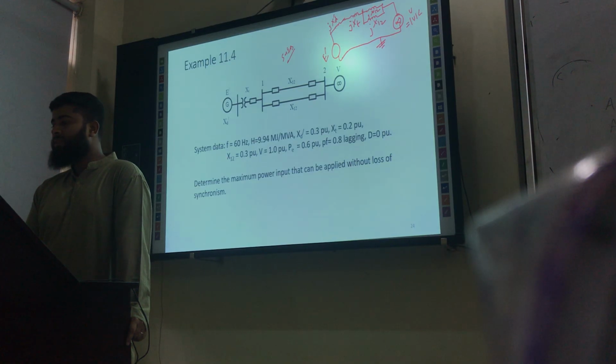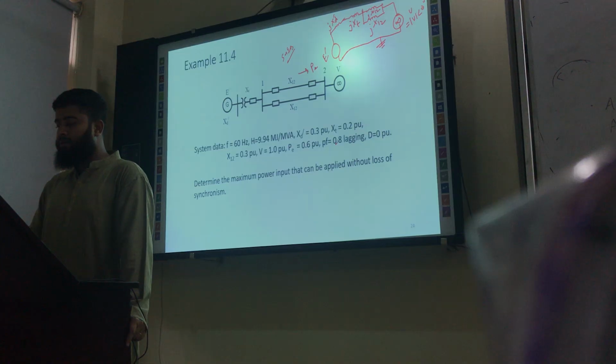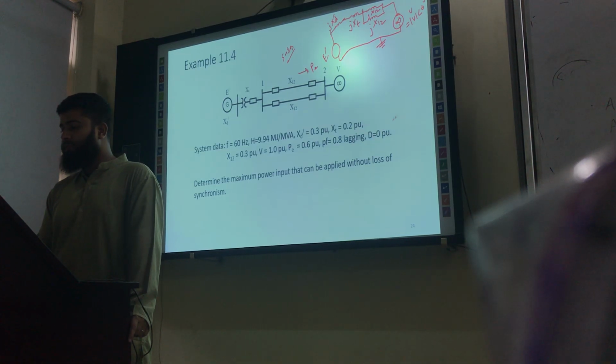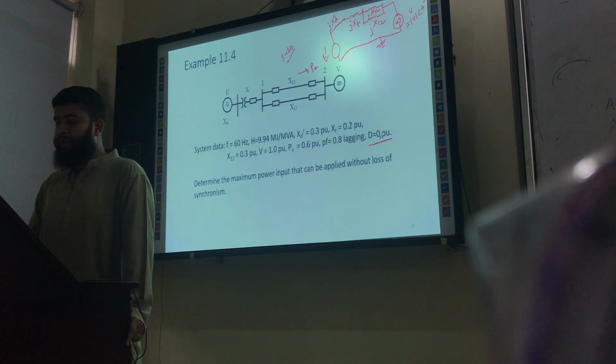As we take this as reference, the angle will be zero, and the magnitude is given as 1 per unit. P is the electric power delivered to the system, that is 0.6 per unit, and the power factor is 0.8 lagging. There is no damping in this system, so D is 0 per unit.